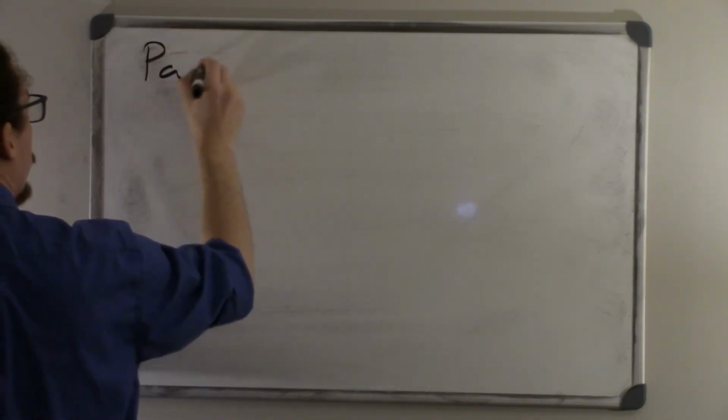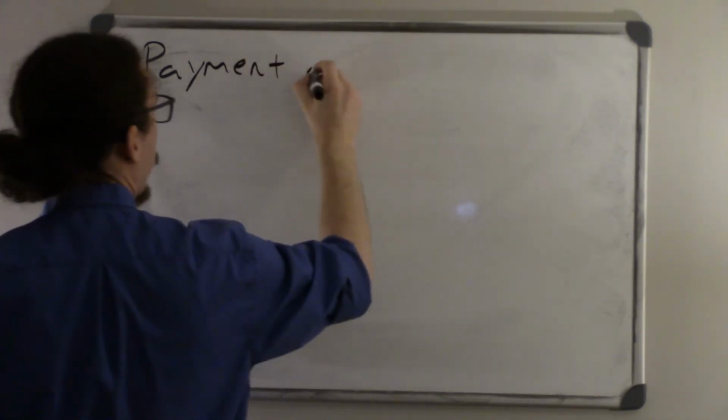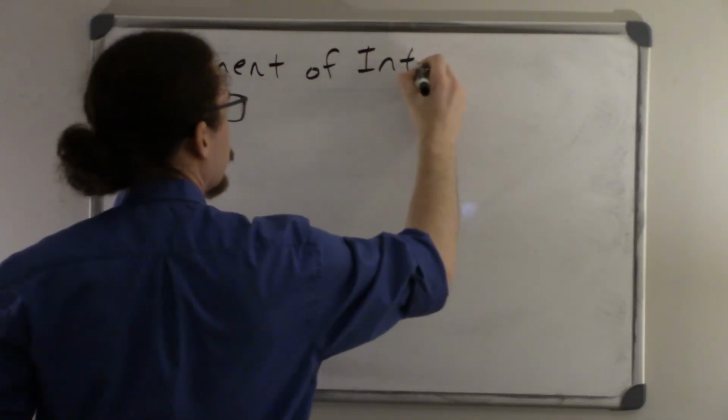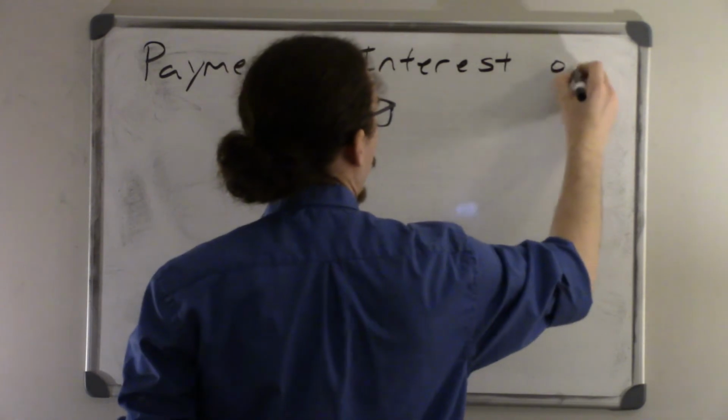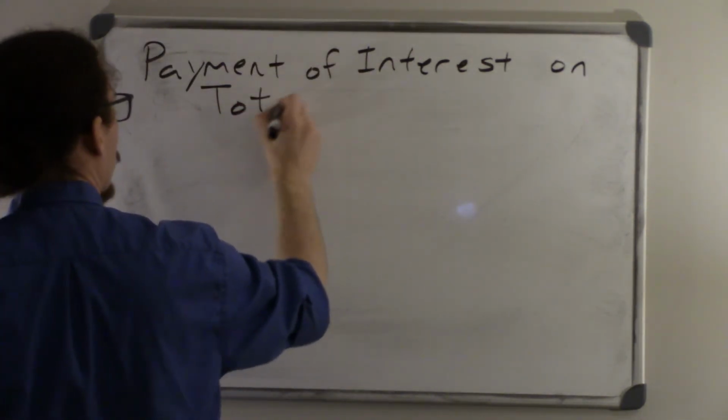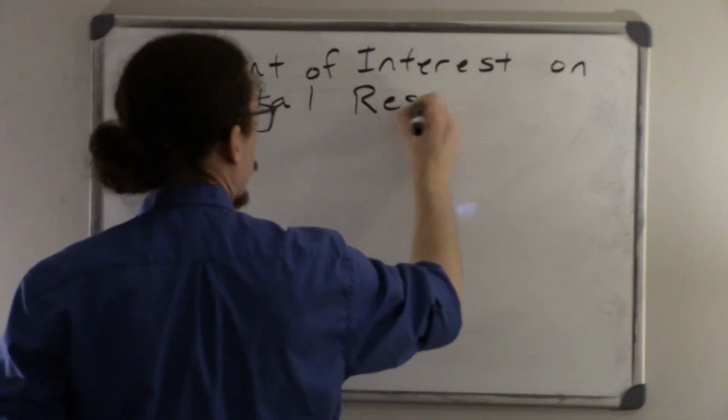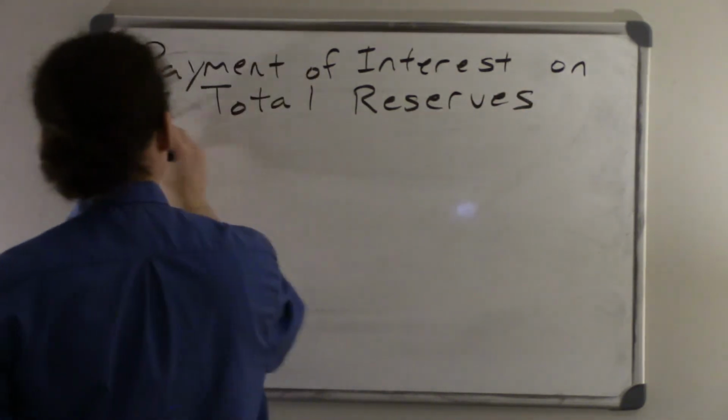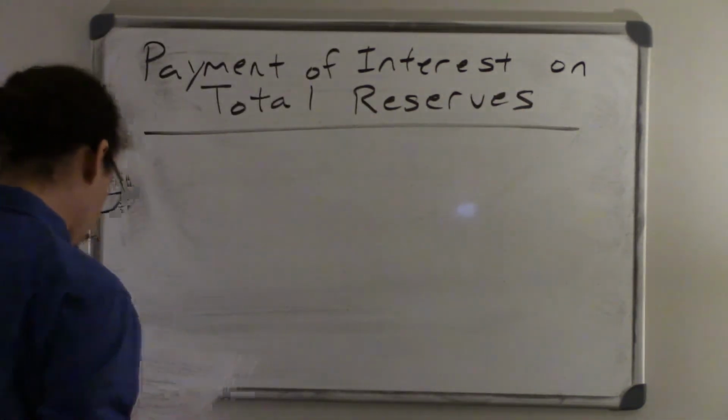All right, so let's move on to the second tool of the Fed, which is payment of interest on total reserves, and this is going to take very little time.